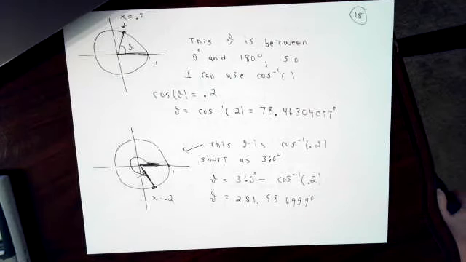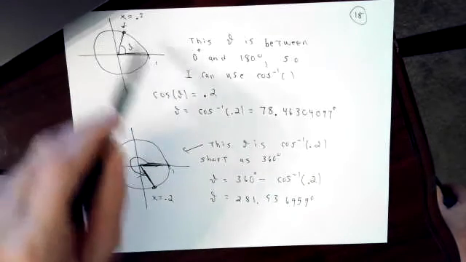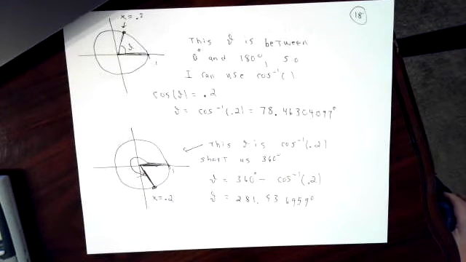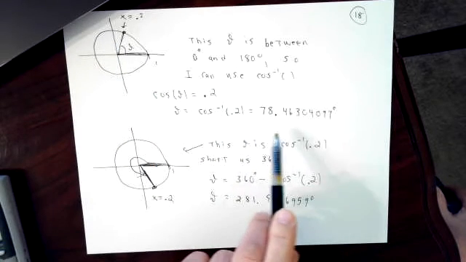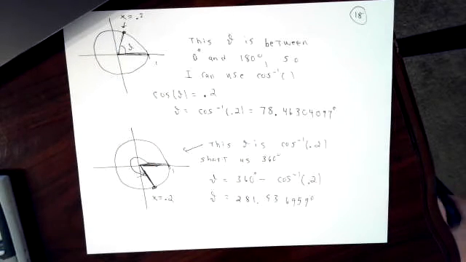One of these two angles is in the range 0 degrees to 180 degrees. That's where it's safe to just use the inverse cosine function and get your answer. So as we saw before, this angle is inverse cosine of 0.2, which is 78.46 degrees.